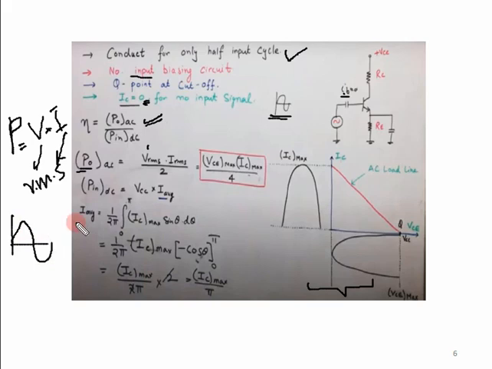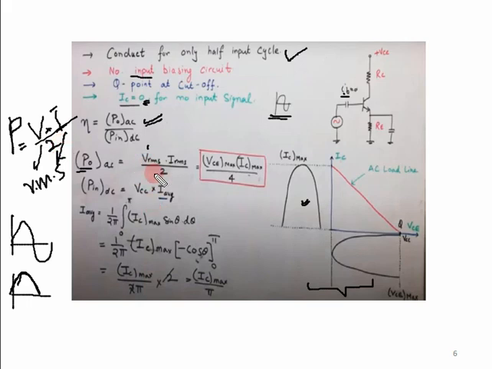Now, since the class B amplifier conducts only one half cycle of the sinusoidal, as seen over here, I should divide by 2 because this is not a full cycle.